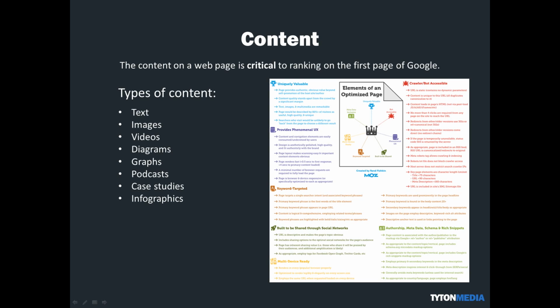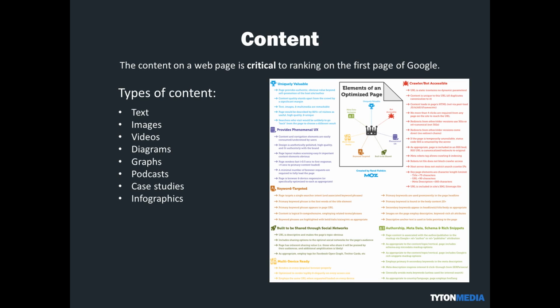So content. This is probably the most important on-page SEO factor that there is. Having good content on your website is what is going to shoot your website up to the first page of Google, because we're in an information age and Google loves content because it's what makes up its business.